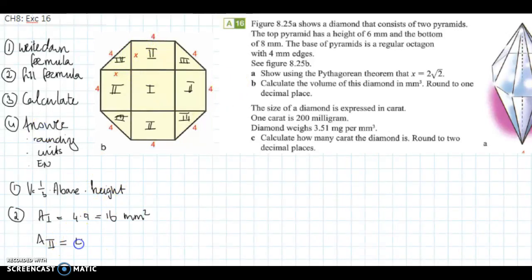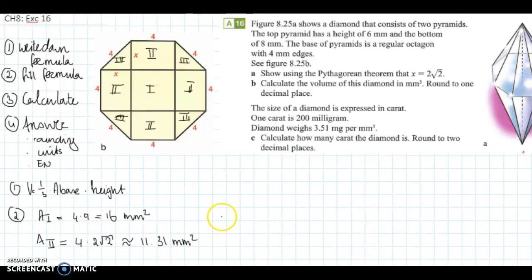So we have 4 times 2 square root of 2, and this will be approximately, we put that in our calculators, 8 times the square root of 2, so that's about 11.31 square millimeters. Yes, there are more decimals, we leave them there.